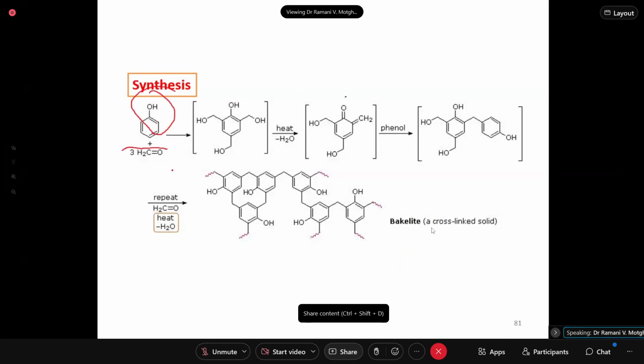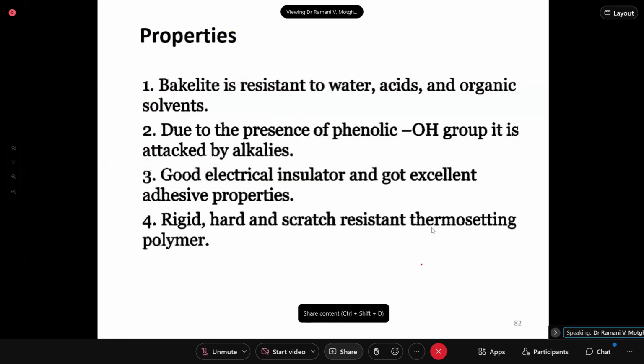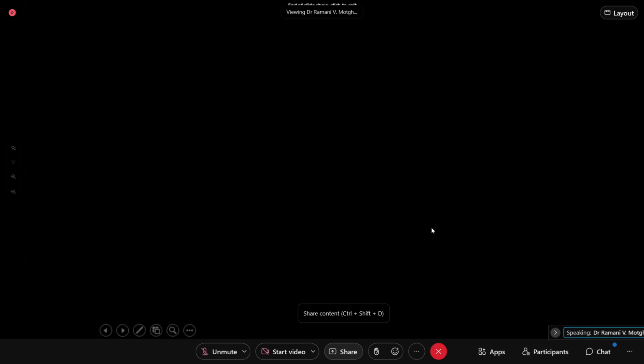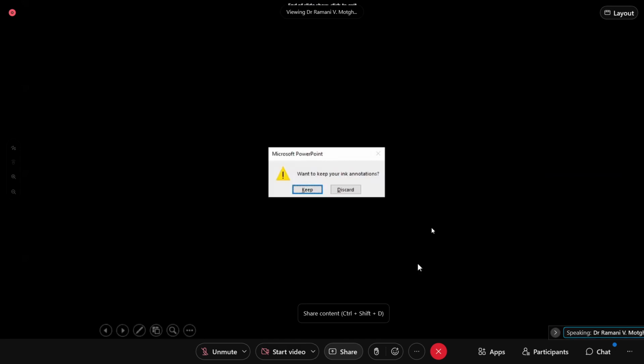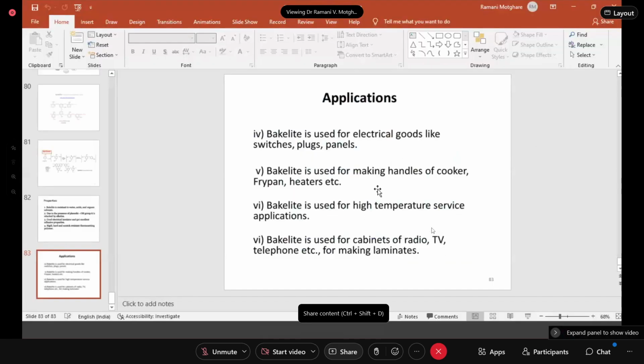This is the formaldehyde part. A 1:3 ratio is used. You get such a molecule, from which finally Bakelite is formed. These are the properties, applications. So this is all regarding polymers.